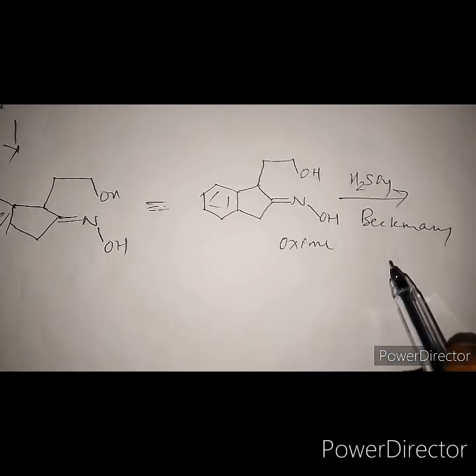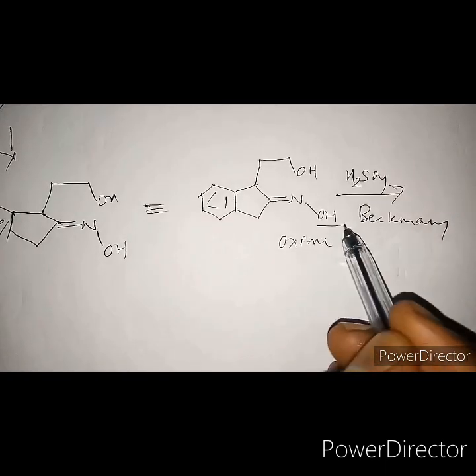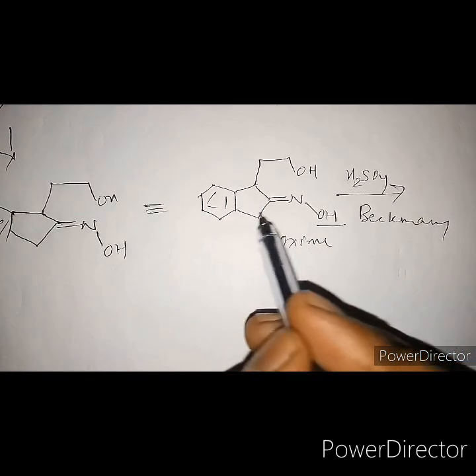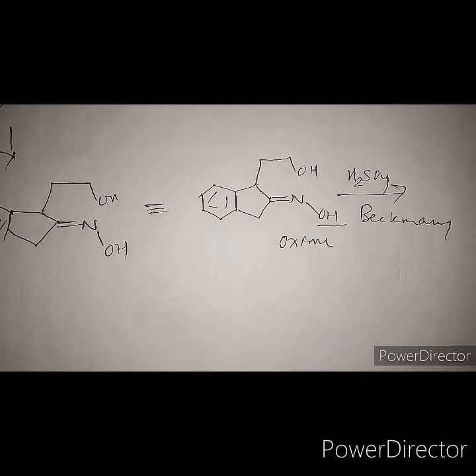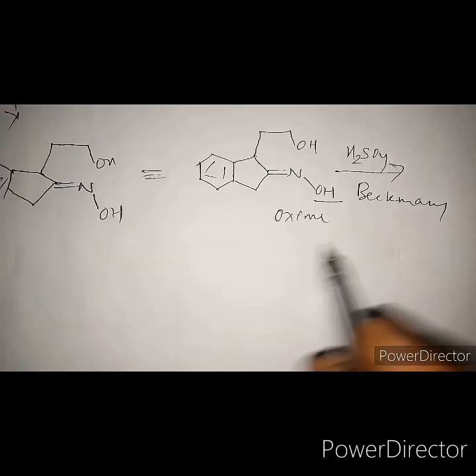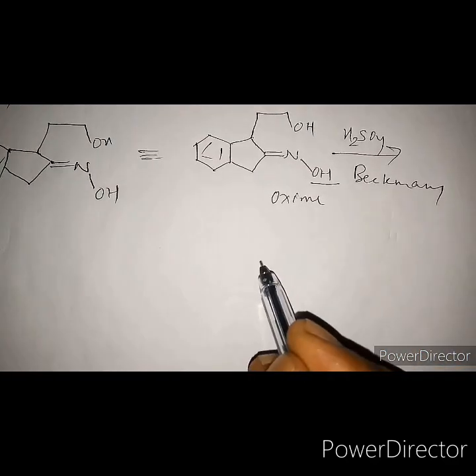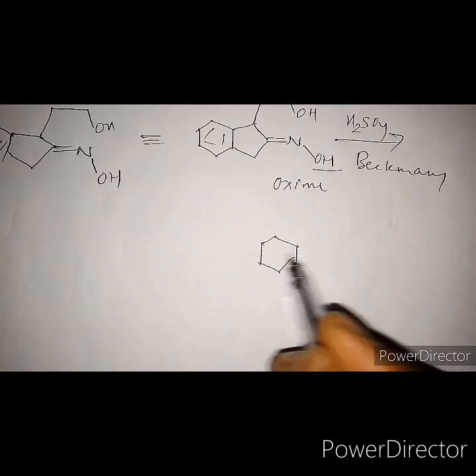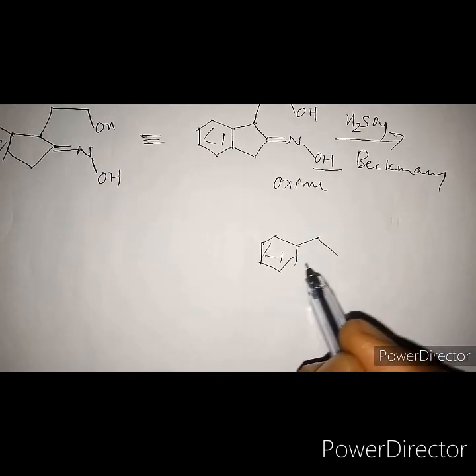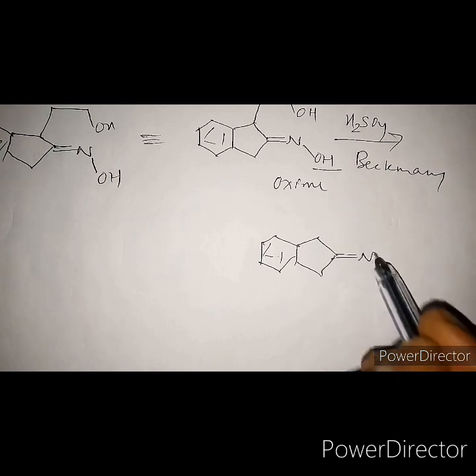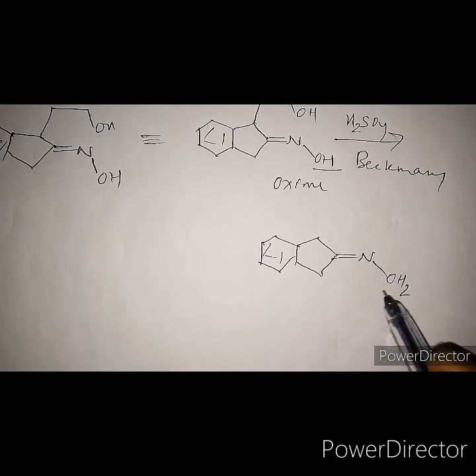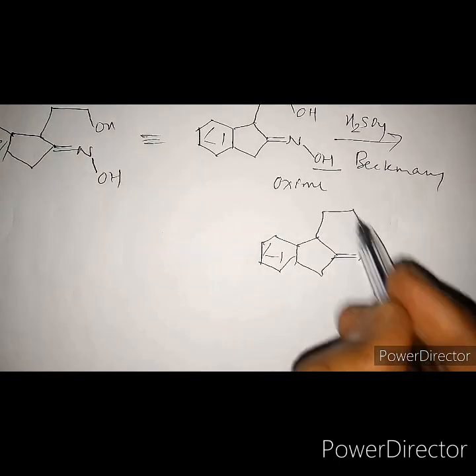In the Beckmann rearrangement, with respect to the OH, this group is anti and this is syn, therefore the anti group migrates. The OH will take up H and become OH2 plus.